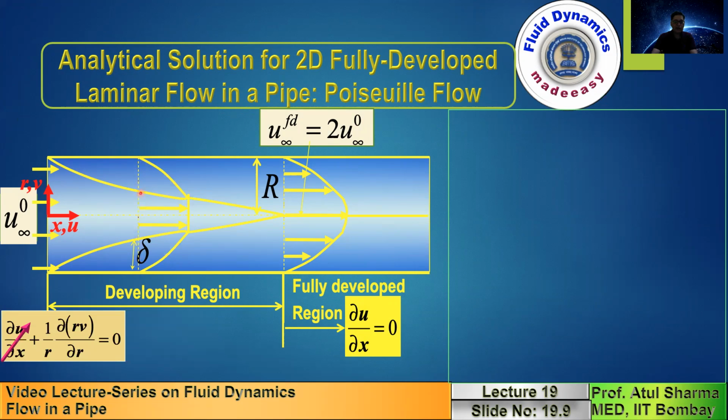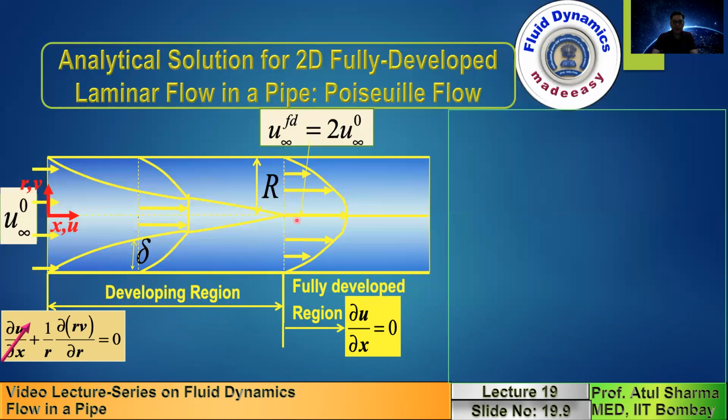Like at the surface of the pipe, we know the v velocity is 0. And from this continuity equation, we get the conclusion that the product of r into v is 0 on this vertical line. Sorry, this is the developing flow region. Let me go to the fully developed region, because we are obtaining the analytical solution in the fully developed region.